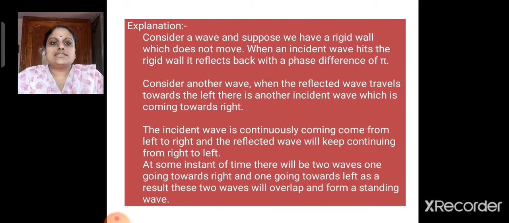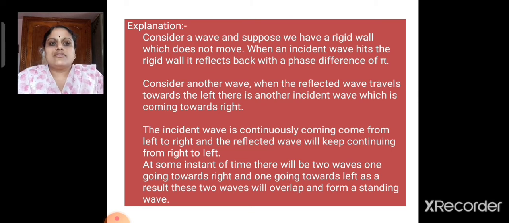Now let us consider a wave, and suppose we have a rigid boundary which does not move. When an incident wave hits the rigid boundary, it gets reflected back with a phase difference of pi radians. Consider another wave which, when reflected, travels towards the left, and there is another incident wave which is coming towards the right.